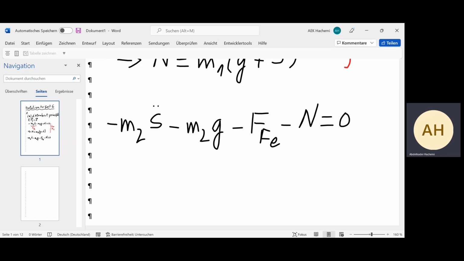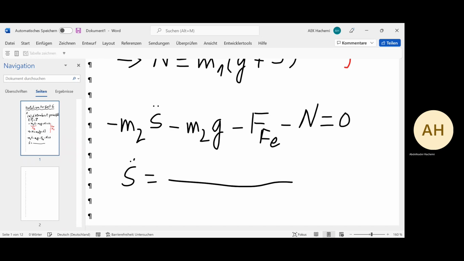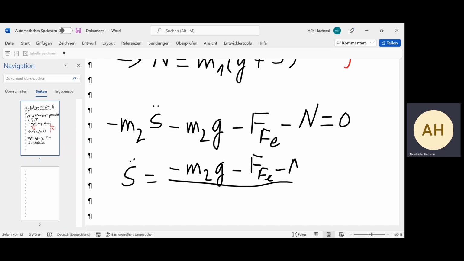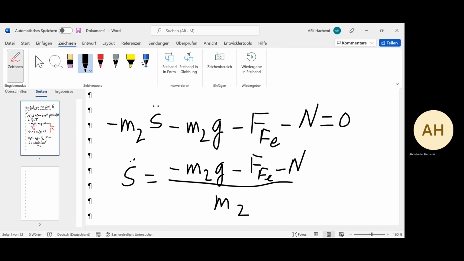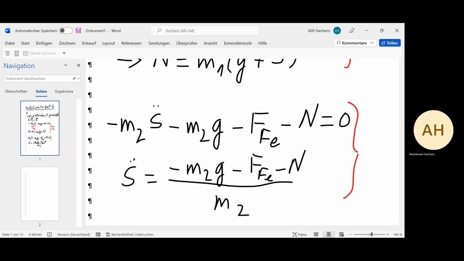Then we get S dot dot, which is equal to minus M2 g, minus the spring force FA, minus N, the contact force between the two masses, divided by M2. And this is for the mass M2.